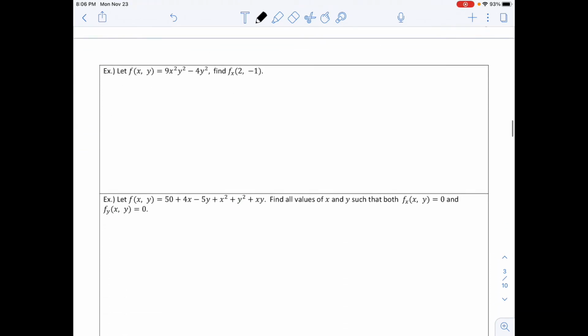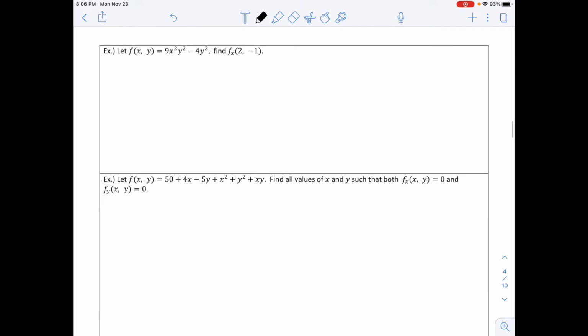So the next example that we have says let f of xy equal 9x squared y squared minus 4y squared. Find our partial with respect to x, but this time instead of it saying xy, we actually have some values that we're going to substitute in. So in order to do this, I first need to find our partial of just xy with respect to x.